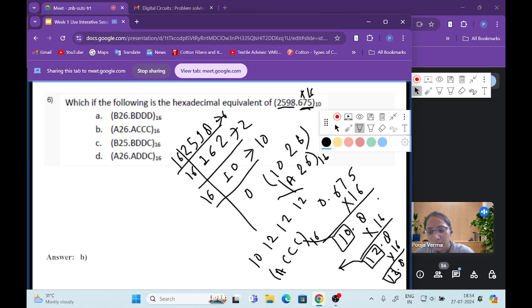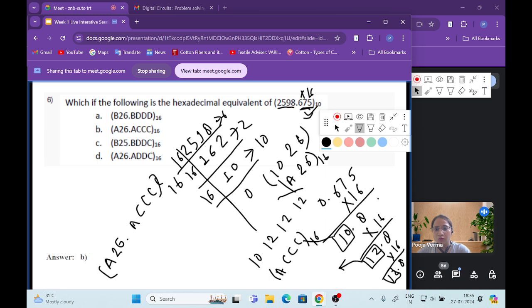So the overall representation of this decimal number in hexadecimal is A26.ACCC. In the answer it is given only 4 places, so you can write it in 4. Otherwise, you can continue it. Okay, so it is the hexadecimal representation of this decimal number.